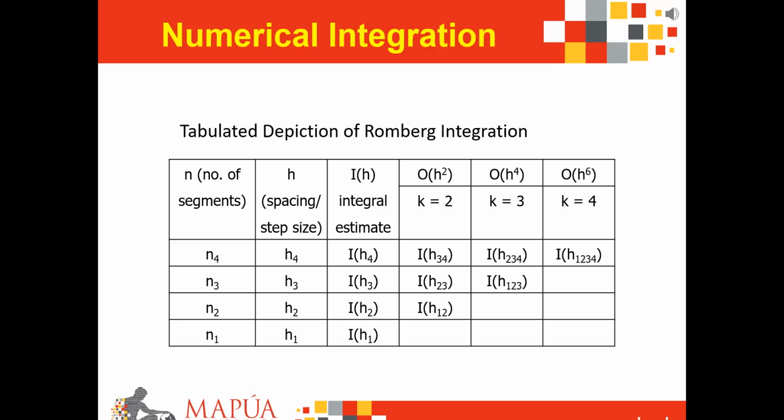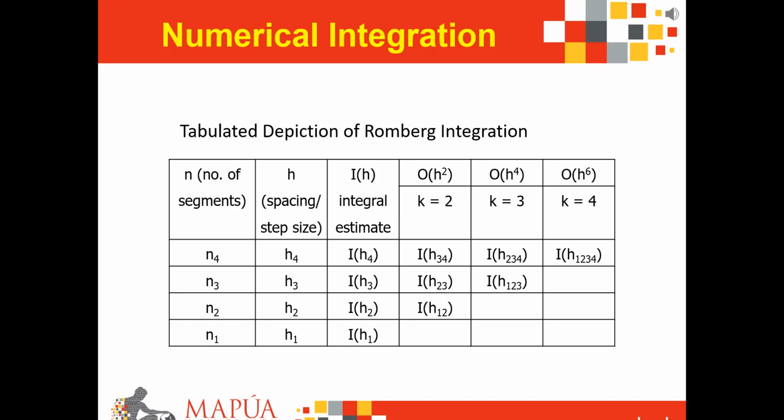Okay, this is an extrapolation table. On your extrapolation table, you provide a column for your number of segments. You provide another column for your step size or spacing. You provide another column for your integral estimates. Okay, in this case, there are 4 integral estimates that satisfy your extrapolation condition.